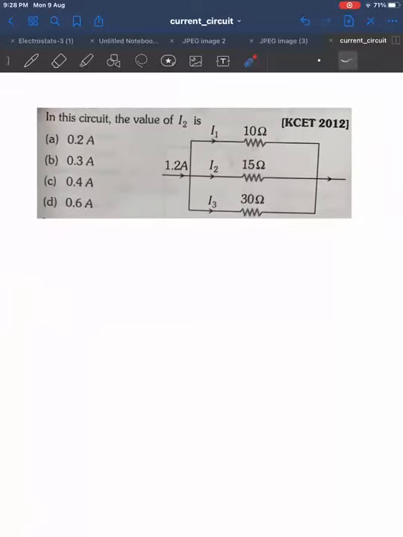this question is the basic question of resistor. Okay, basic question of resistor. Try to answer this.